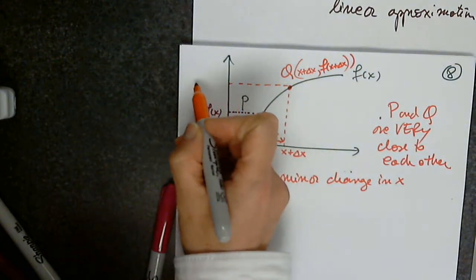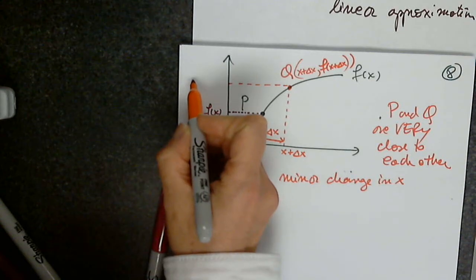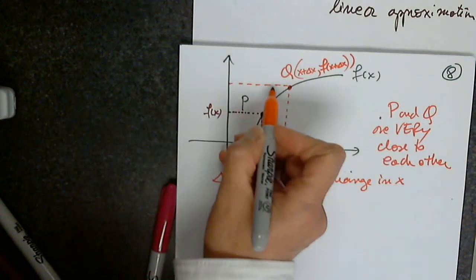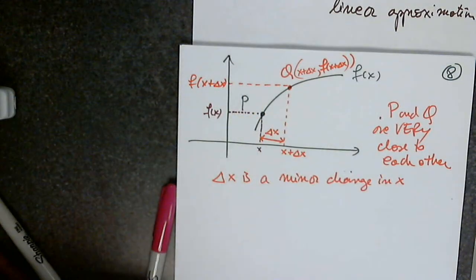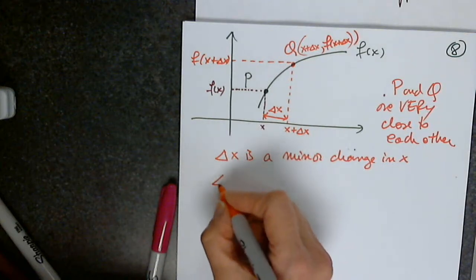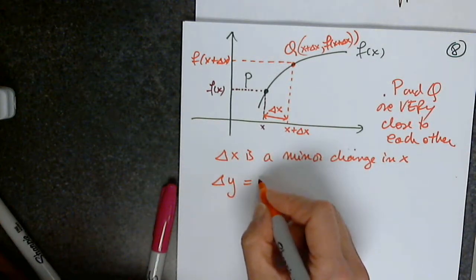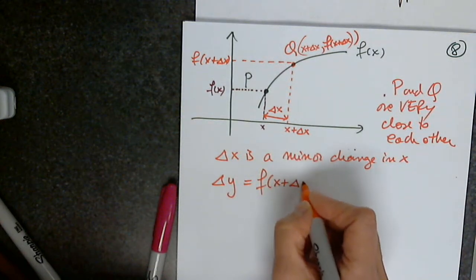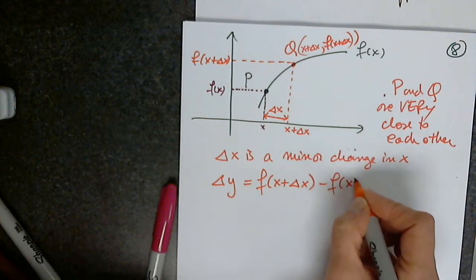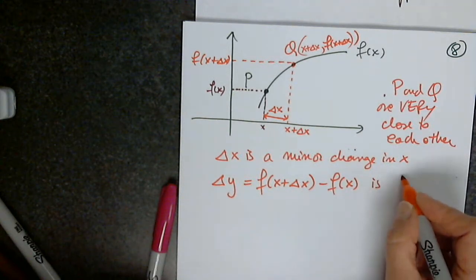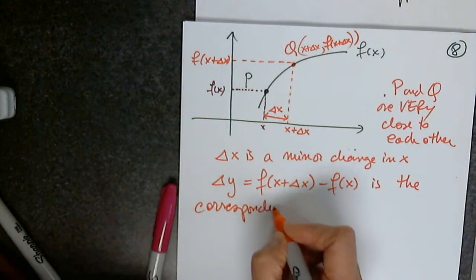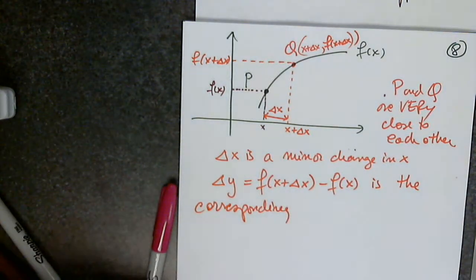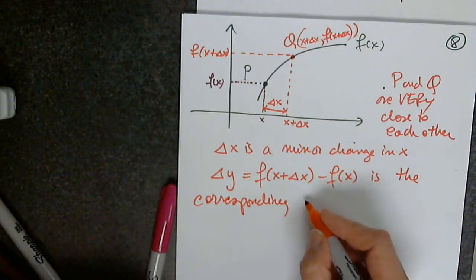So then what do I have here? What is this height? Perfect. So delta y, which is f of x plus delta x minus f of x, is the corresponding change.